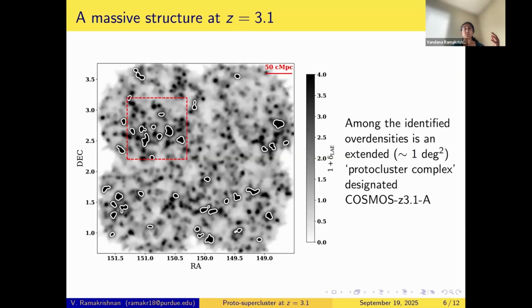And so we have called this a protocluster complex, and we've designated this complex COSMOS Z3.1a. And this is one of the most extreme LAE overdensities the Odin survey has identified to date, across approximately 4 field and filter combinations. So across an area of almost 40 square degrees of the sky, that is.